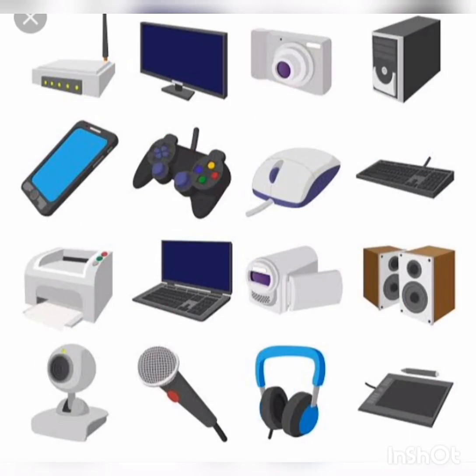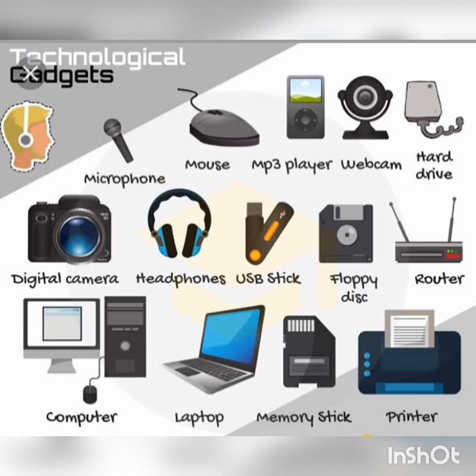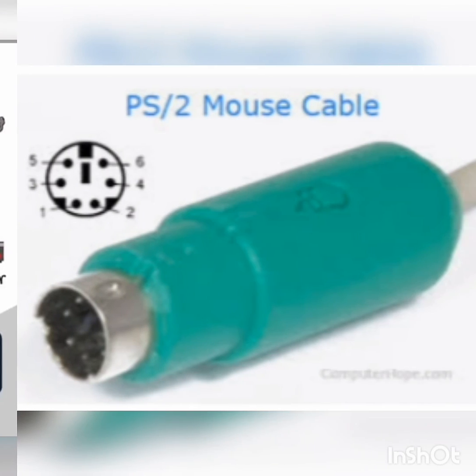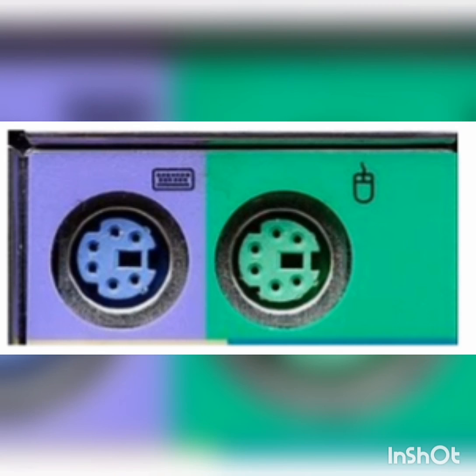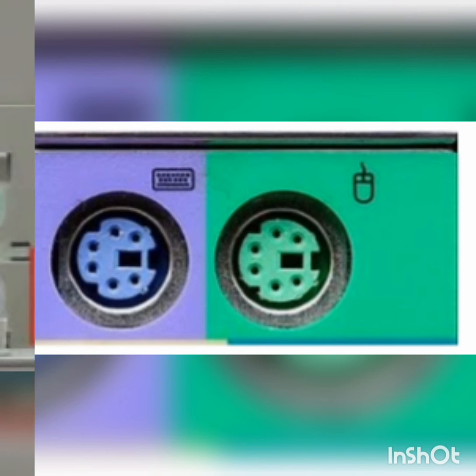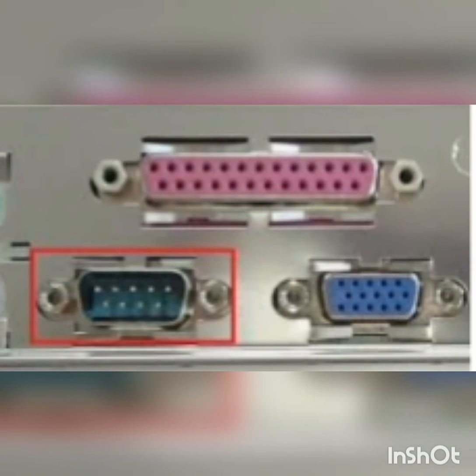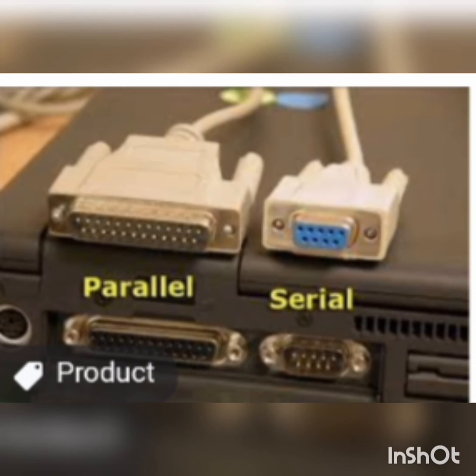With the advancement of modern technology, many sources and components are replaced with new technological devices. The PS2 ports used for connecting the mouse and keyboard, serial ports used for connecting printers, and the parallel ports are examples for such replacements.